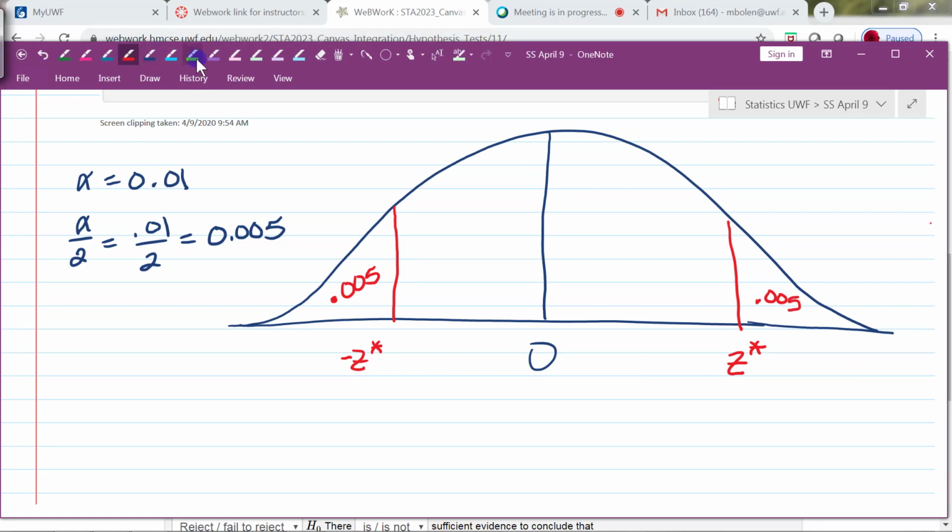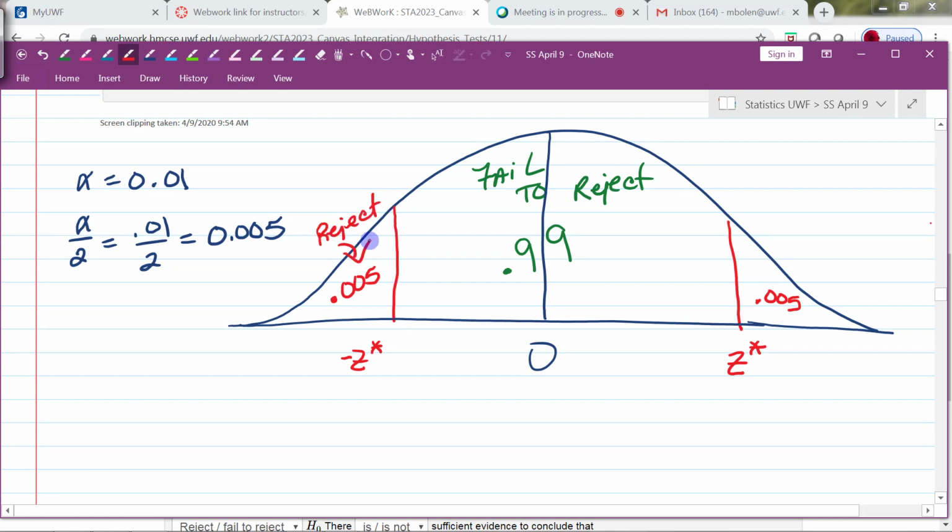And then in here, because we're doing a 99% confidence, we're going to have 99. This is our fail to reject. This is our reject. And here and here.